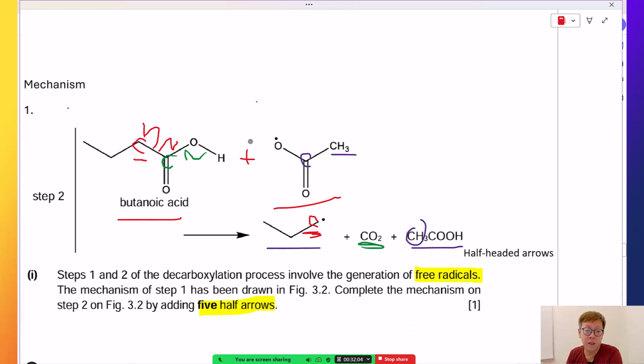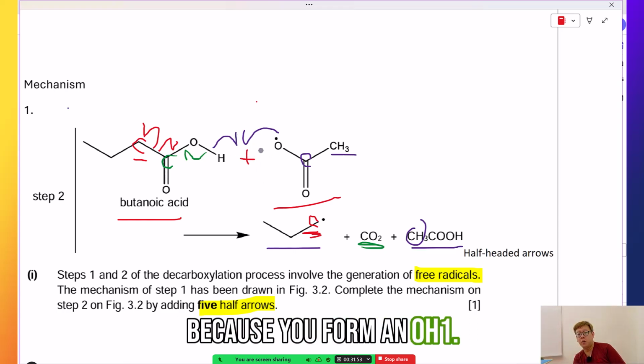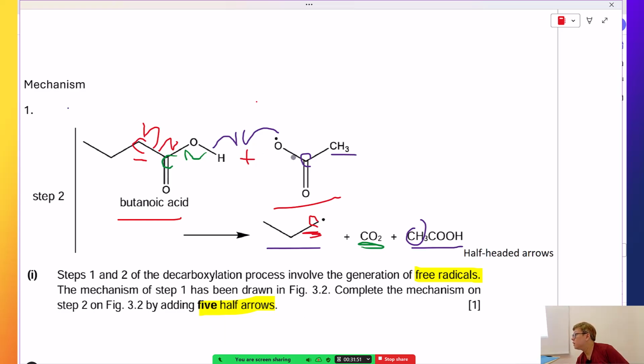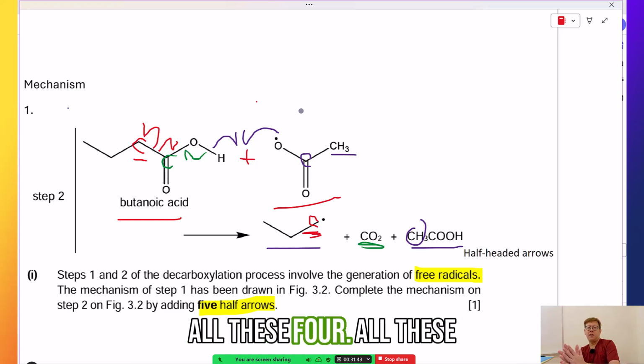That means like this. Understand? Now why I draw in the middle? Because you form an OH bond. Understand or not? So you count how many arrow? 1, 2, 3, 4, 5. Ta-da!